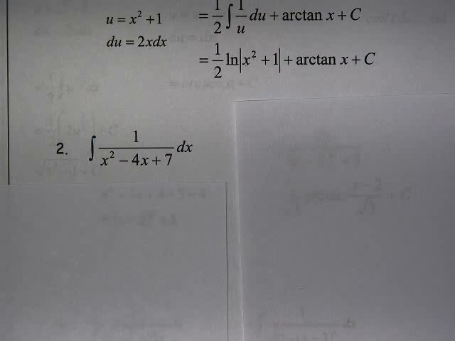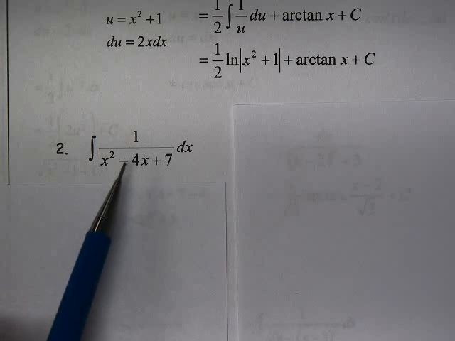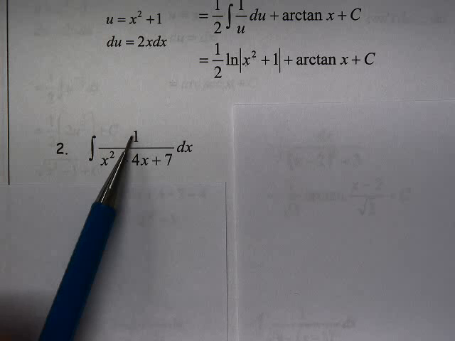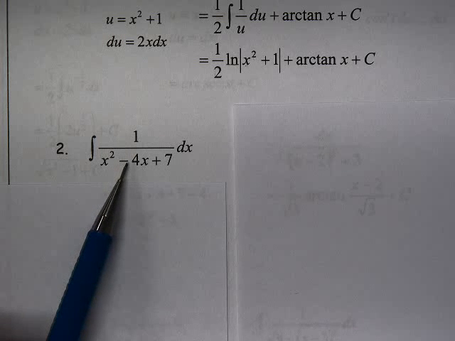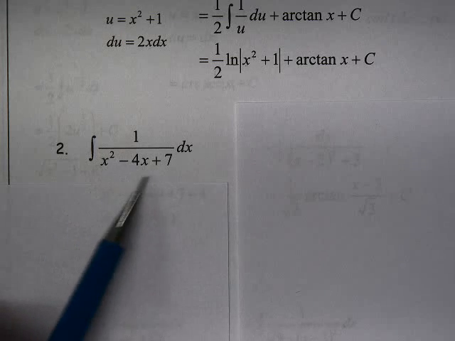All right, take a look at this one. We don't have a numerator that we can break up. The numerator is not a higher power of x than the denominator, so we can't use polynomial long division. So what we're going to do is complete the square here.